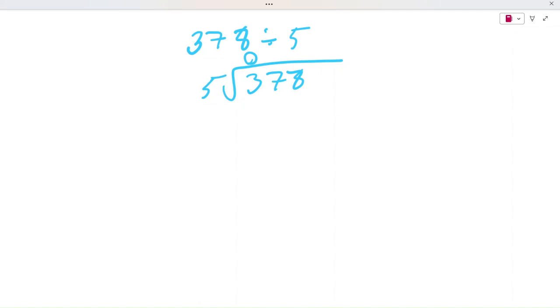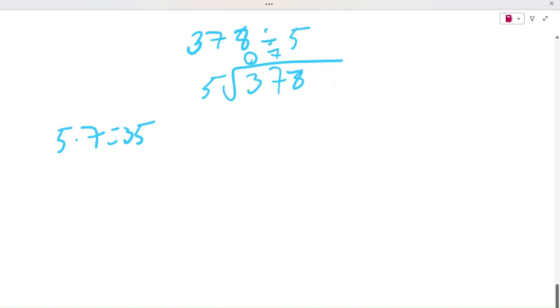So now we look at the next number, which is 37. 5 goes into 37 how many times? We know 5 times 7 is 35. So 5 fits in 37 7 times.